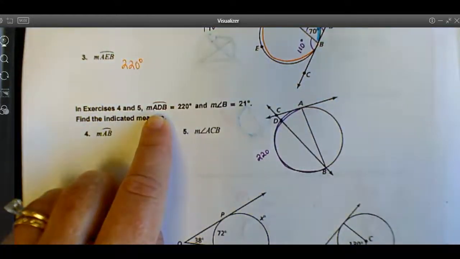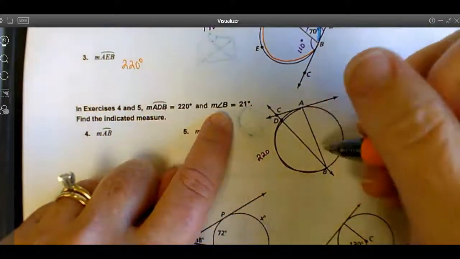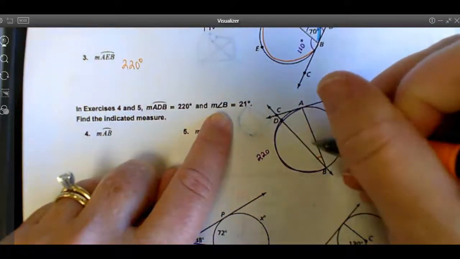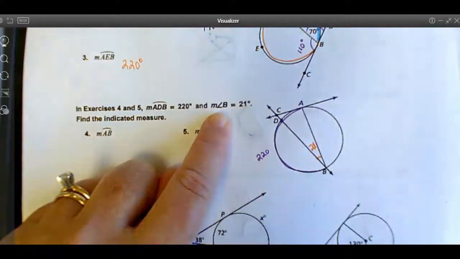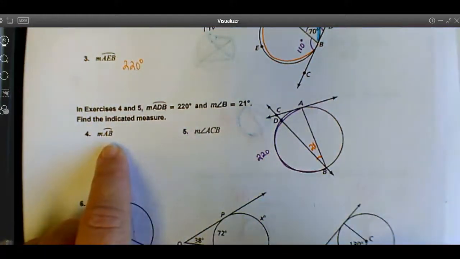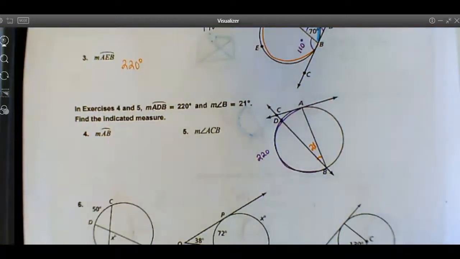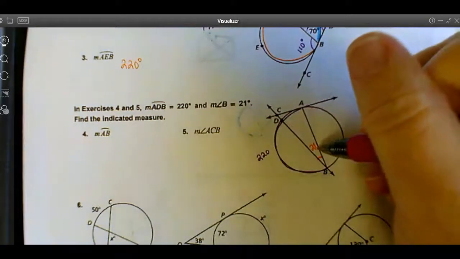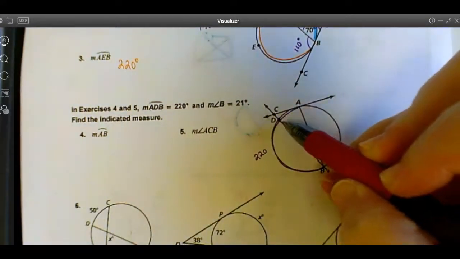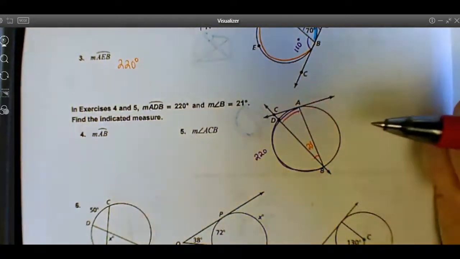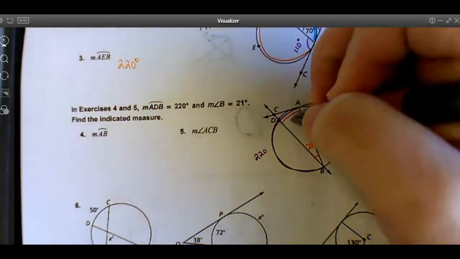They also told me that B is 21. So first thing they want me to find is AB. Alright, before I find AB, let's see what else we can find here. With that's 21, what's this little part here? Multiply it by 2, so that's 42.